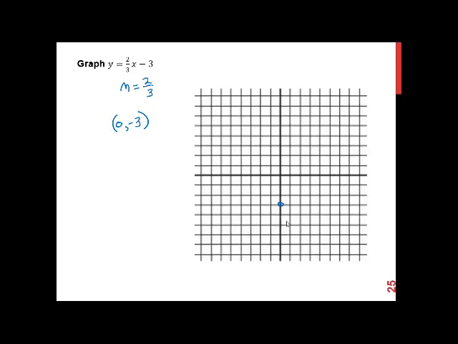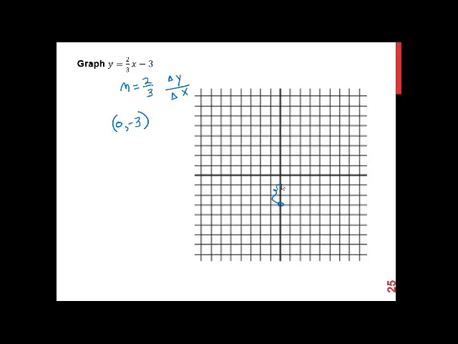There's our y-intercept. Now this slope of 2/3, remember this was our change in y divided by our change in x, or our rise over run. If I am at this point and I want to go to any other point on this line, all I've got to do is go up 2, because that's my change in y.